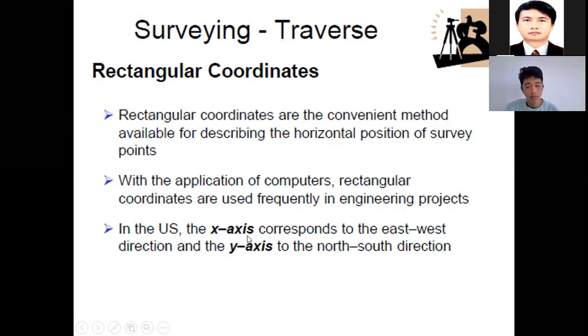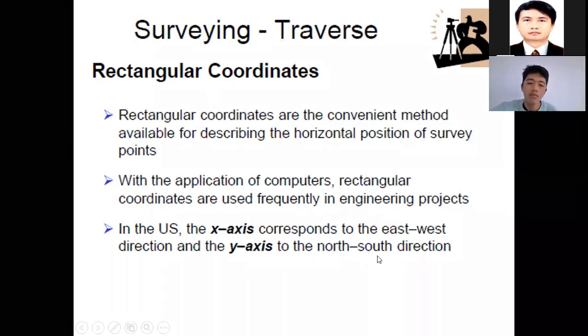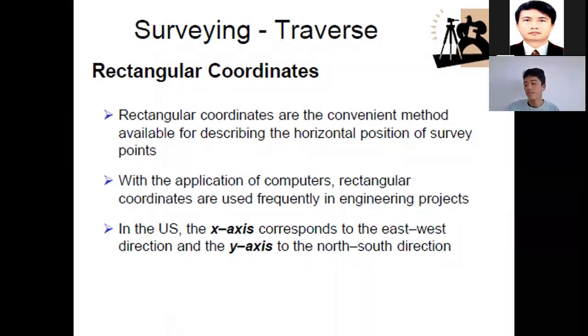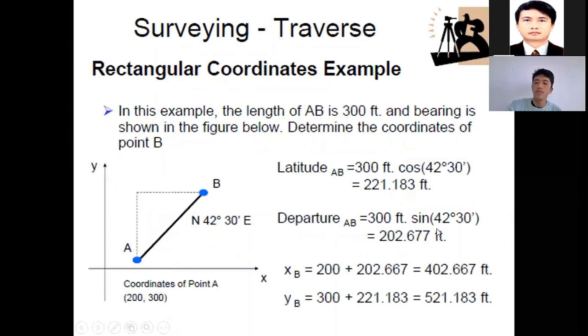Of course, we can set our x-axis as the east to west direction and the y-axis for the north and south direction. So for example, we're given here the line segment AB. Given the direction or bearing, north 42 degrees, 30 minutes to the east, as well as the given length, 300 feet.